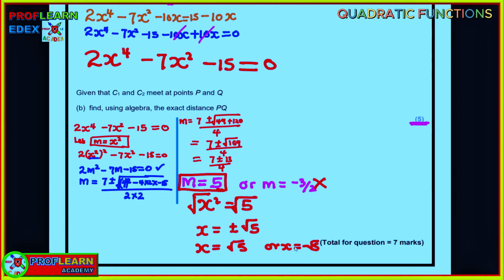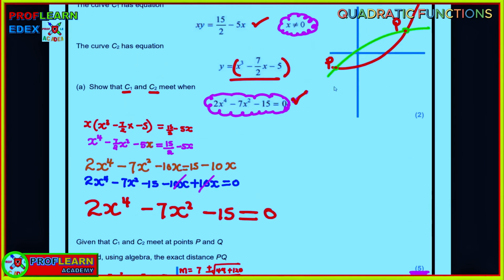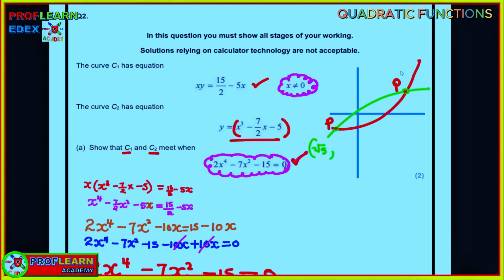So we actually have two solutions in this case, because of course they are going to meet at 2 points. We are going to assign one value to be negative root 5, and we look for its second coordinate, and the other is root 5, and we'll look for the other coordinate.